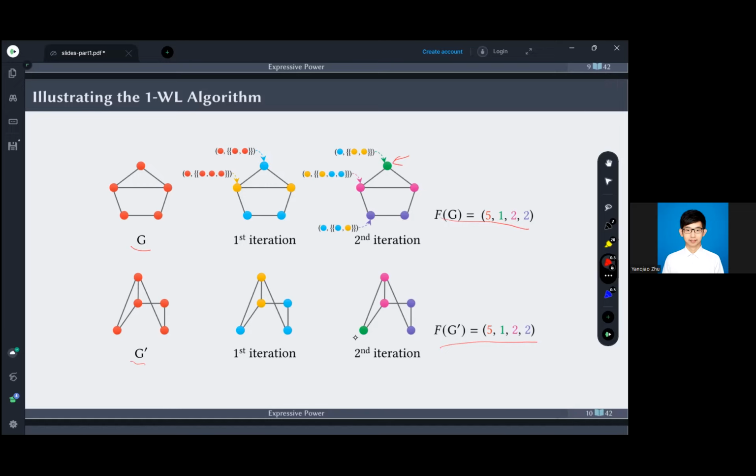Okay, so any questions about this one-dimensional Weisfeiler-Lehman algorithm? Can you define what a graph isomorphism is? Oh yeah, graph isomorphism is that, given one graph, we can arbitrarily permute its node order, and we have to recognize whether the resulting graphs are still from the same graph.